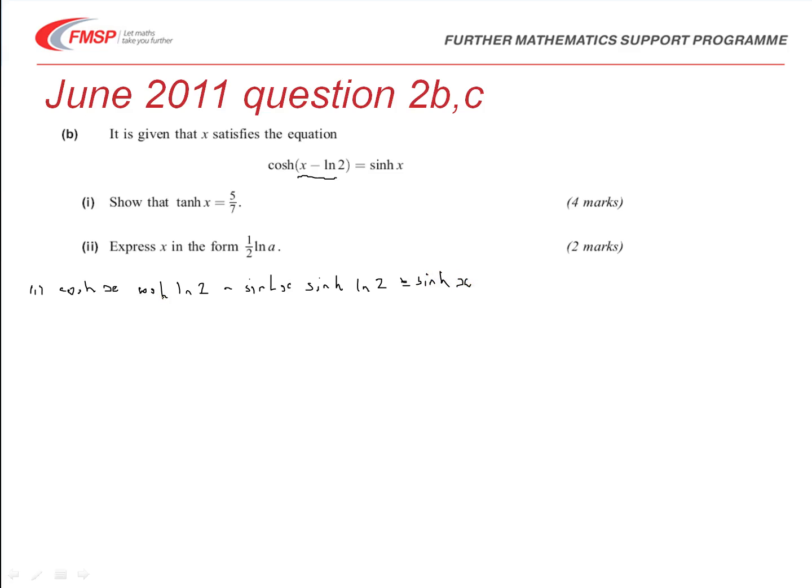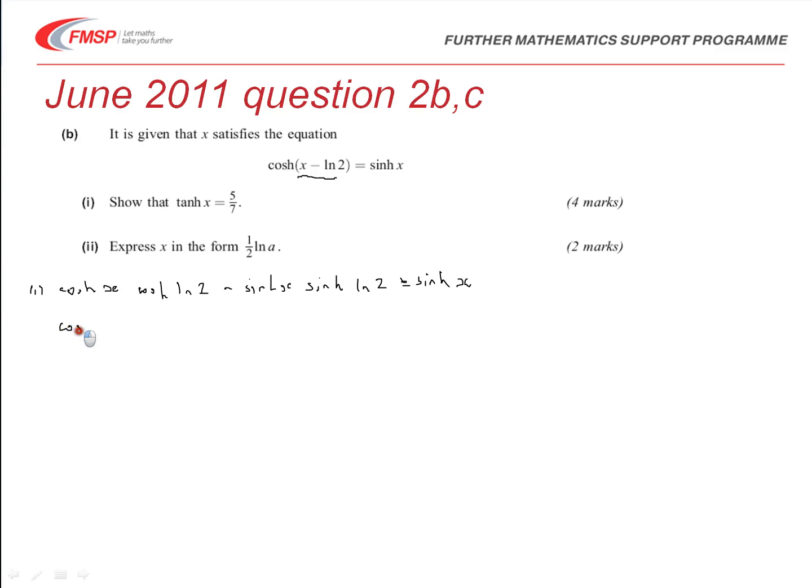Now cosh of ln2 we can actually work out, because we know that cosh is e to the x plus e to the minus x over 2. So if we do that, what are we going to get?